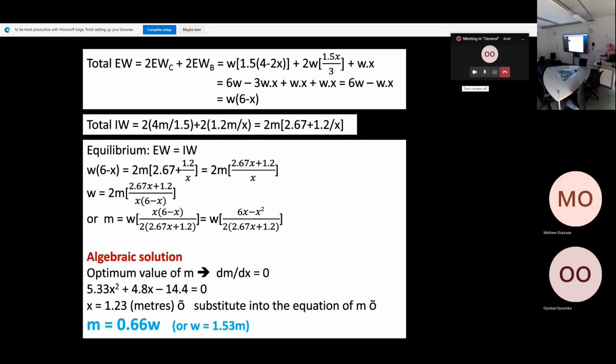Is that clear? Are there any questions? Okay. So this is a very good example of how to use optimization in this case. If you have no more questions, I think we're going to move to the next.